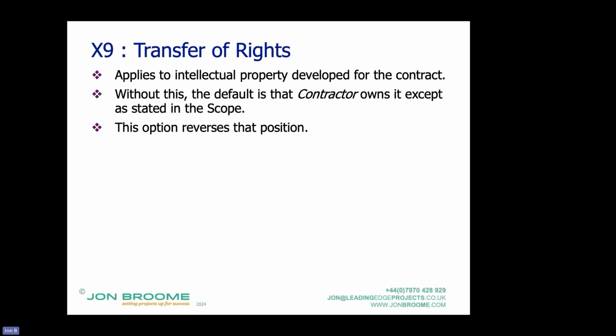If I'm paying for it, I want to own the intellectual property to it. In which case, I put this one in, and the default becomes I own it unless I say otherwise in the scope. If I don't specify it, the default is the contractor owns it or the consultant owns it unless specified in the scope.